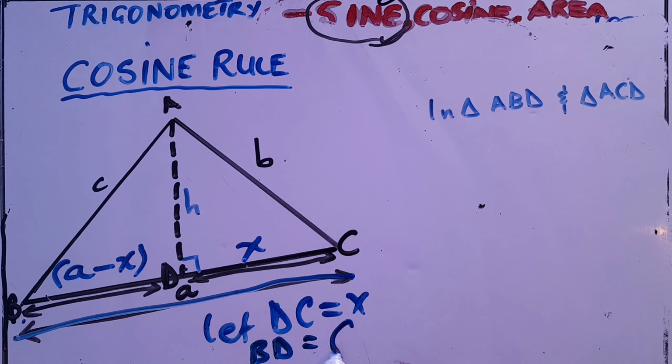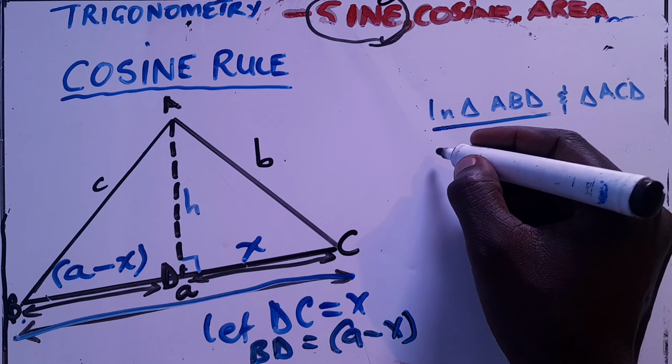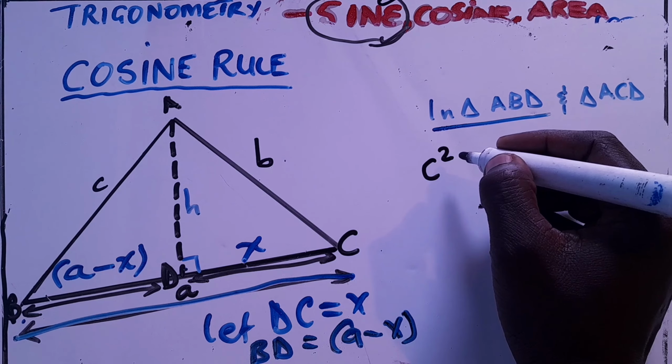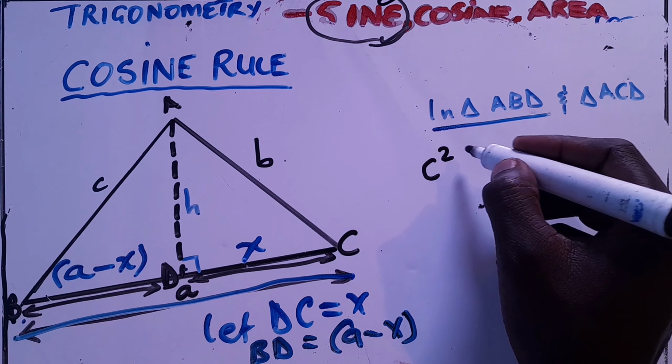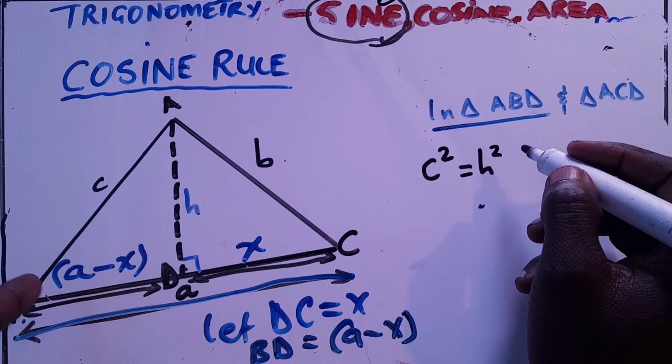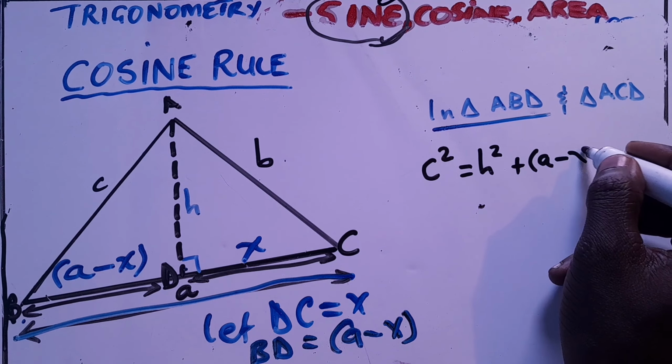So let's see what happens. In triangle ABD, according to Pythagoras, we know that our C squared, this hypotenuse squared, because this is a right angle triangle, is equal to our H squared plus this side squared, plus A minus X squared.